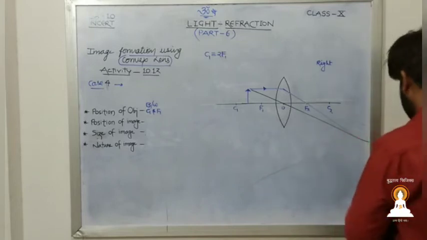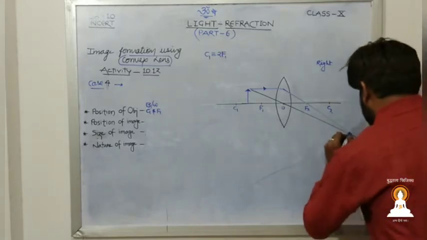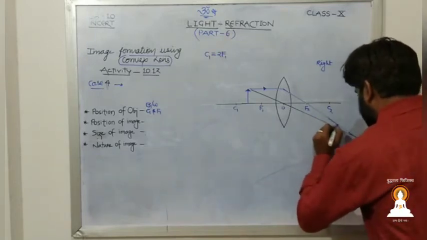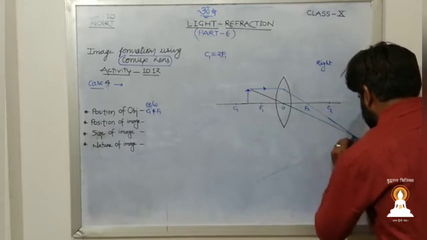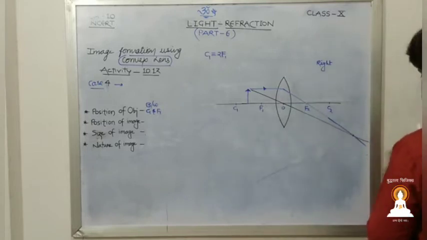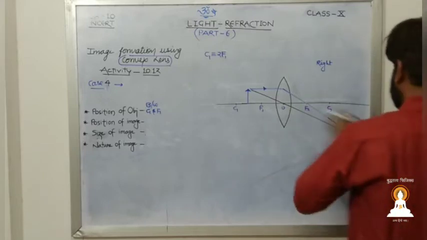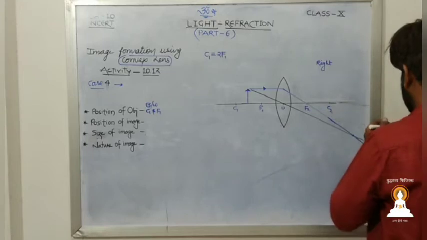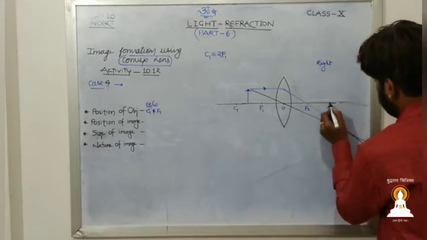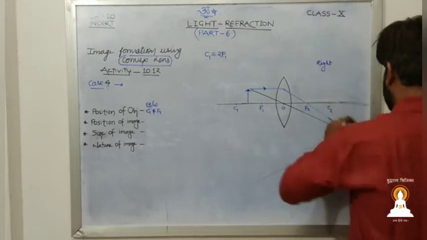So we see that they will meet just beyond C2. If we draw the image, then the image will be like this.